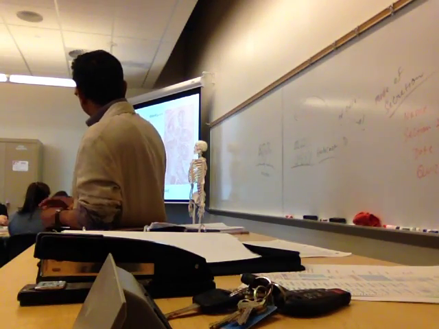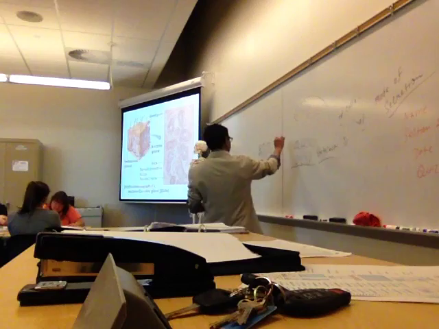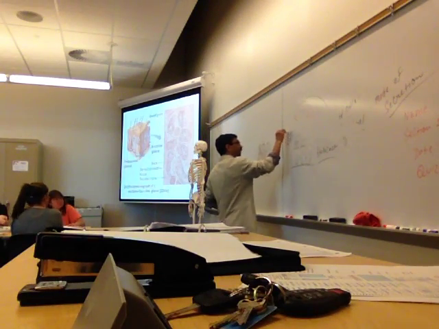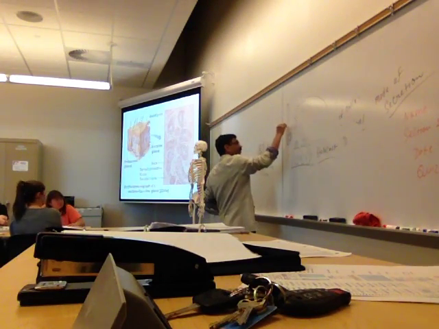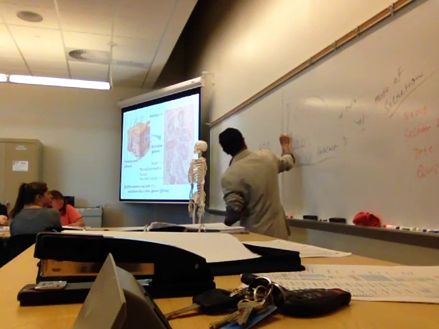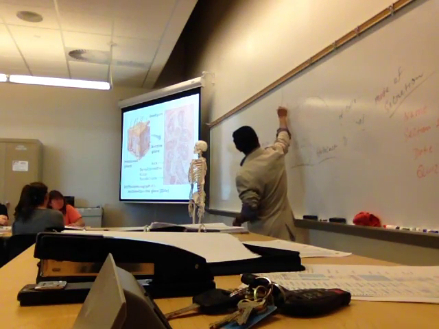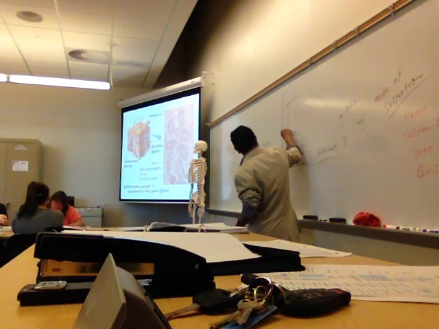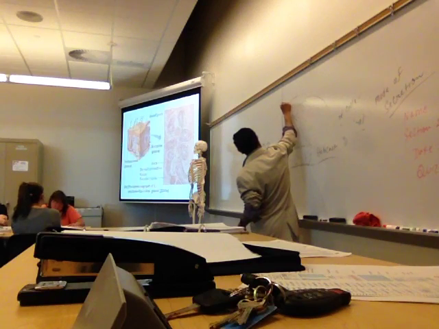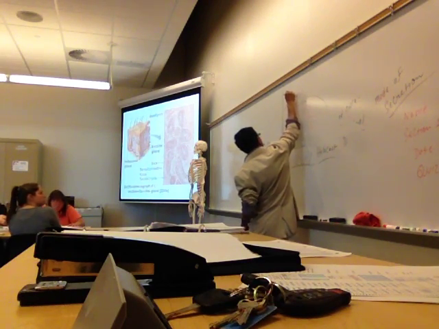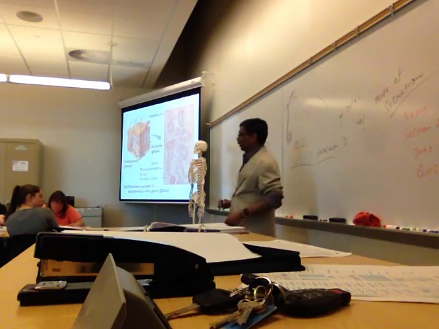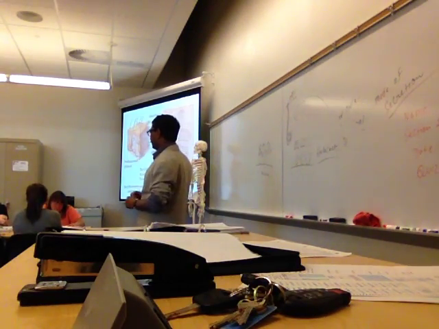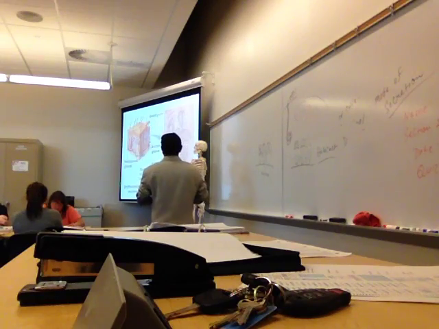And the tube will extend all the way to the surface of the skin. This is the surface of the skin. The duct or tube part will go all the way to the surface, and this is the pore. Through that opening, the sweat will get out.